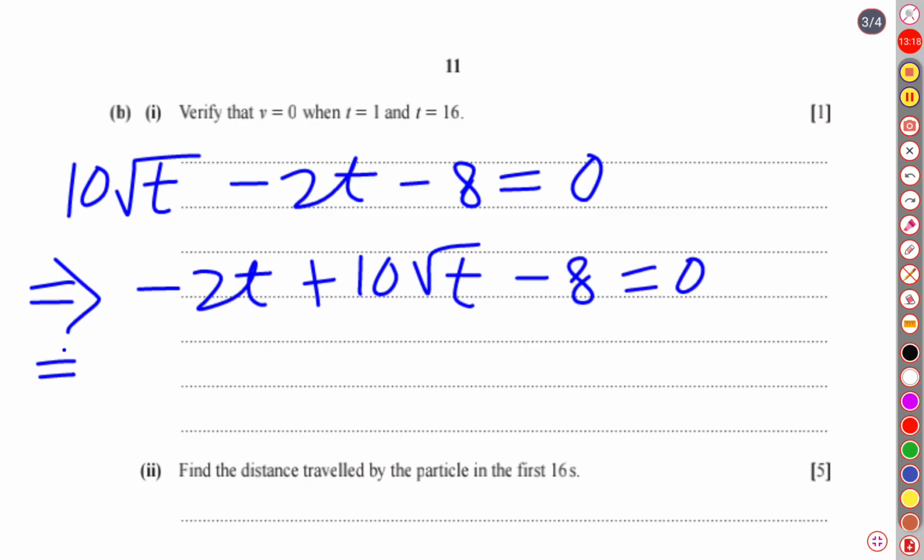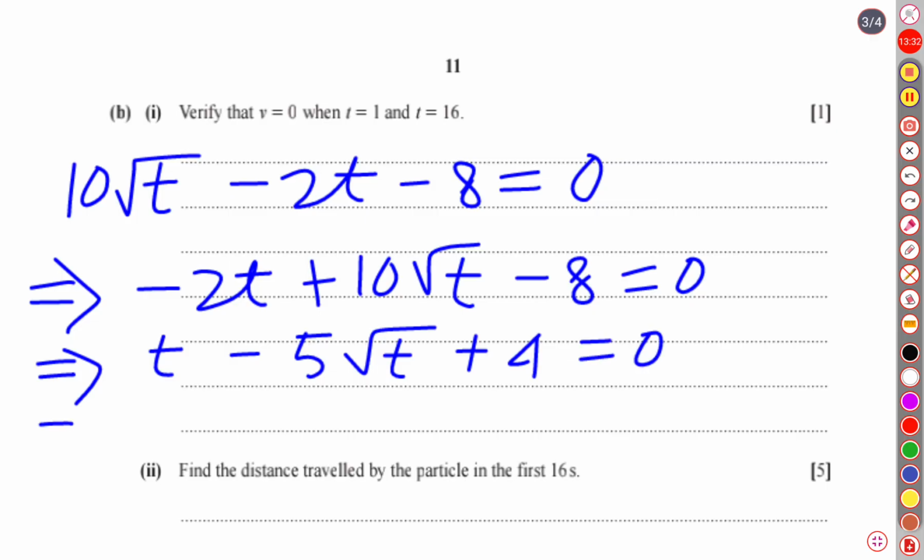If we simplify, if we divide everybody by 2, it is going to be negative 2, then t minus 5 square root of t plus 4 equal to 0.